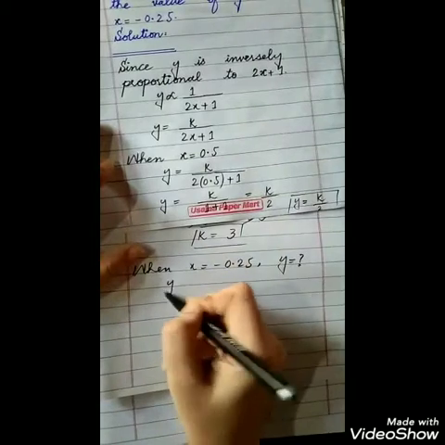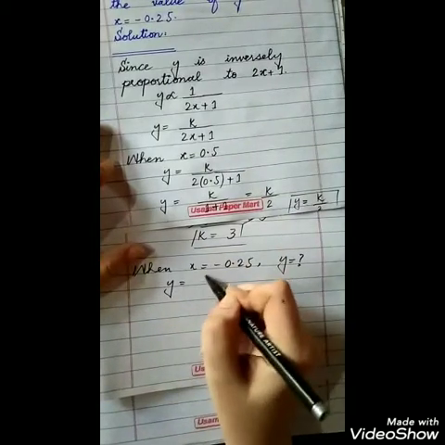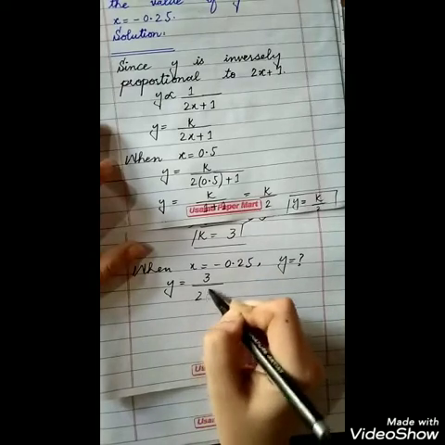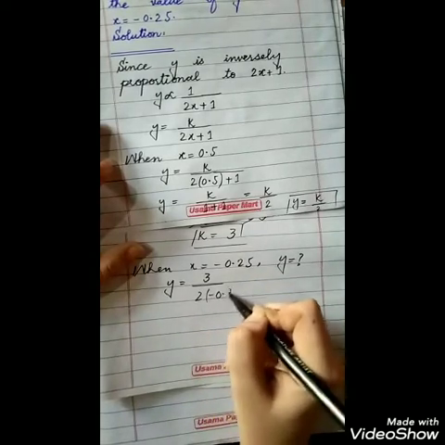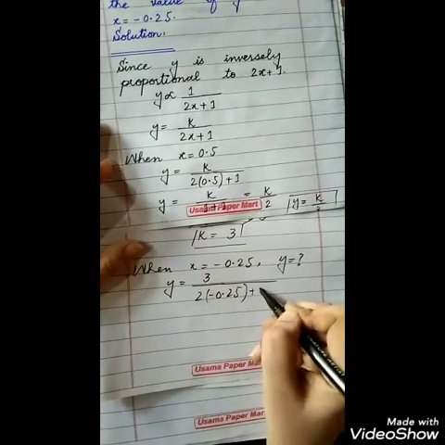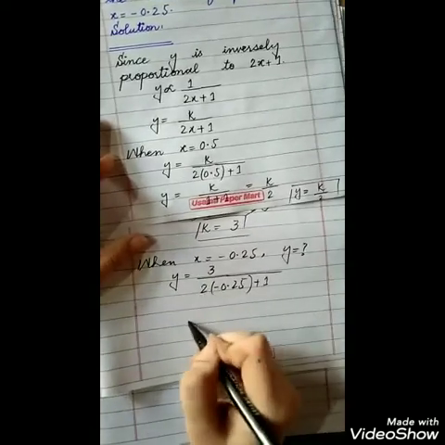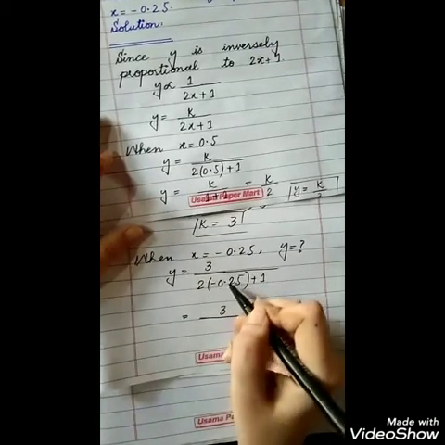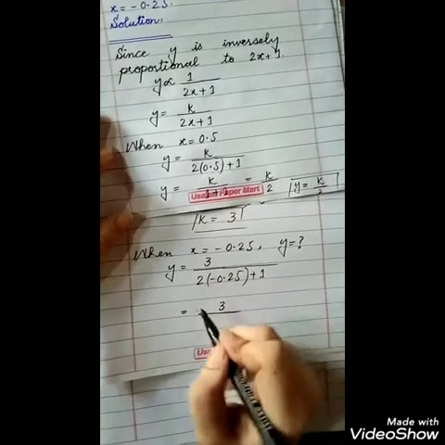So y is equal to, the k value is 3, directly we will put 3 by 2 into x, which is minus 0.25, plus 1.